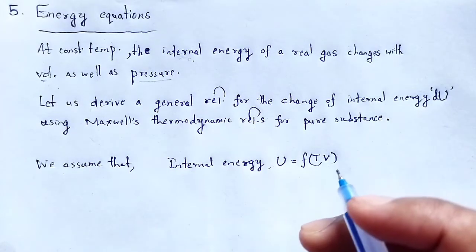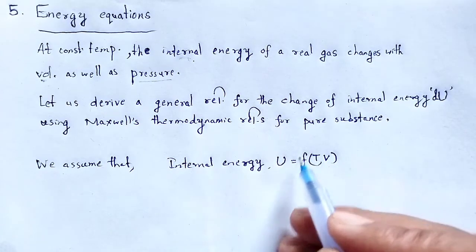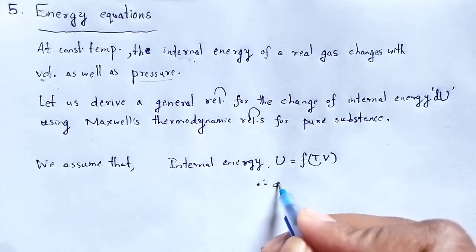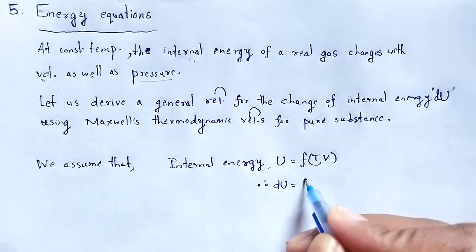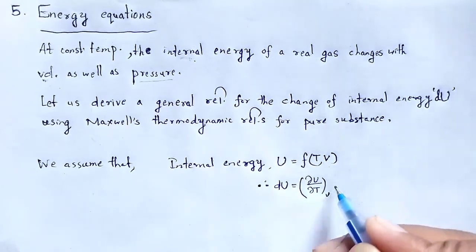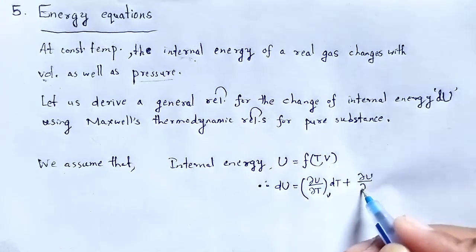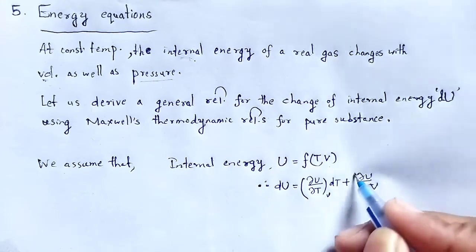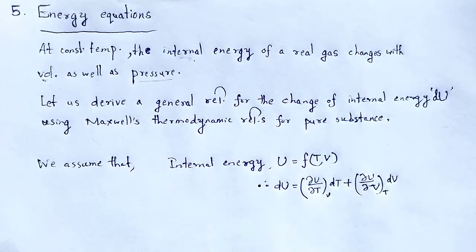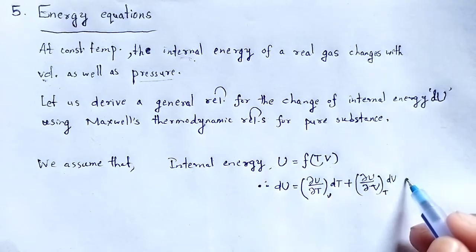Therefore, the change in internal energy corresponds to change in temperature and change in volume. Therefore, dU is equal to (∂U/∂T) at constant volume dT plus (∂U/∂V) at constant temperature dV. Let us take this as equation number 1.